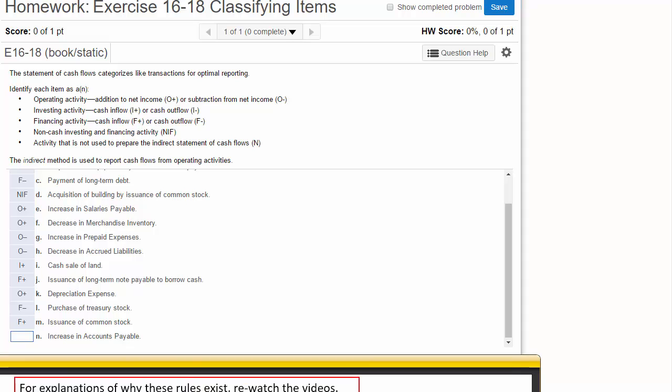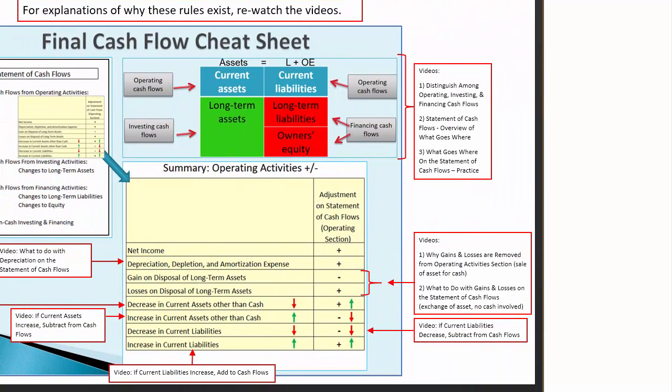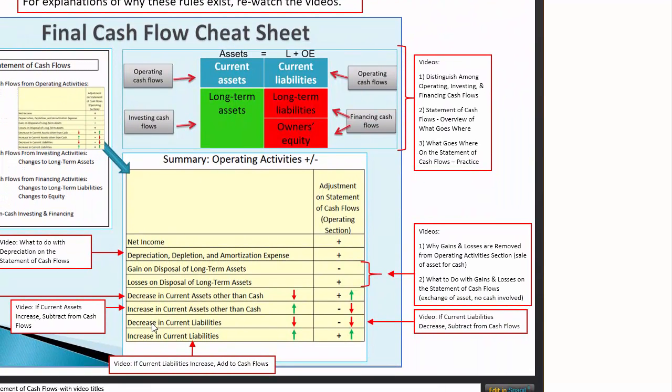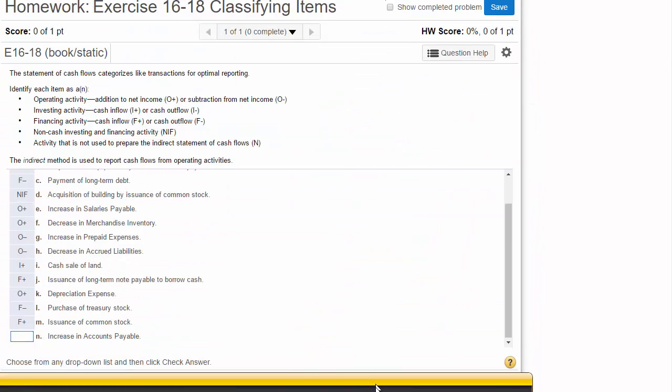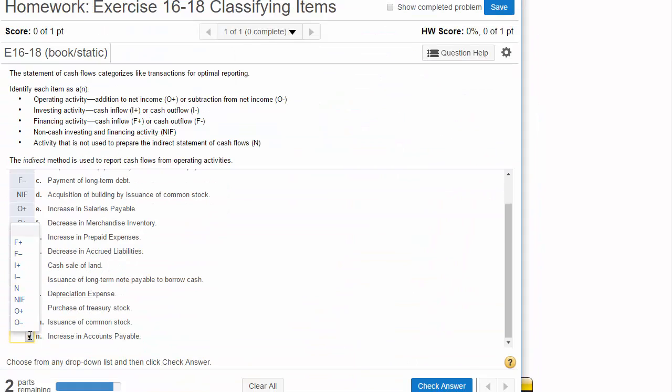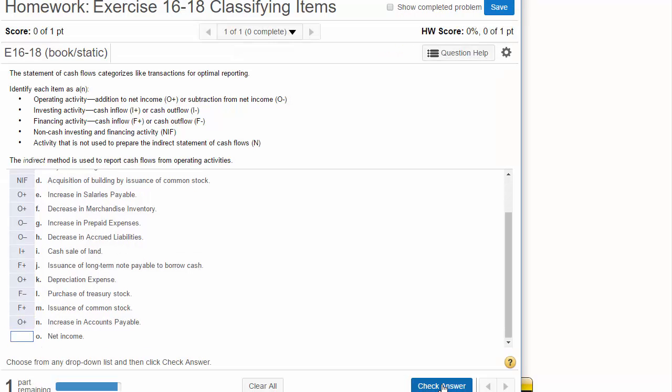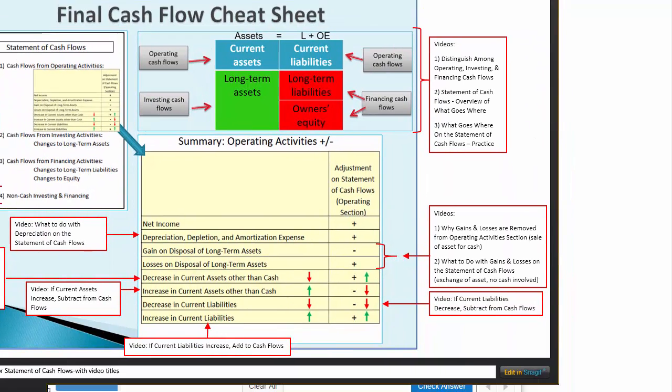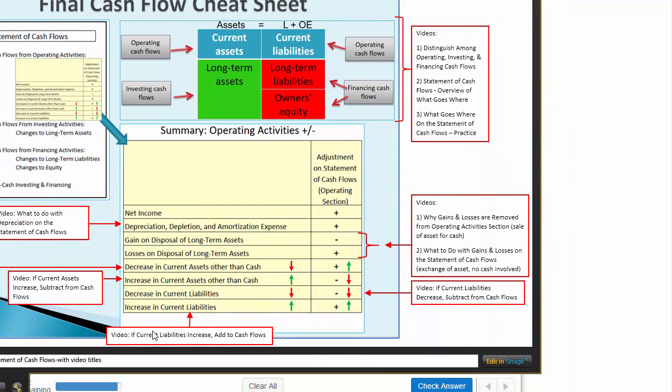Increase in AP. Changes in current liabilities go in the operating activity section. An increase in AP would be a plus, so it's an O plus. Now that one's a tough one to figure out, so if you need to review this, go watch the video.